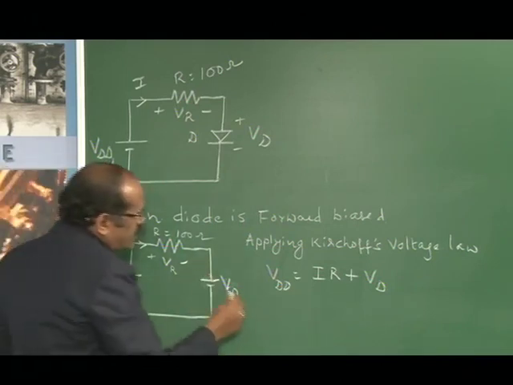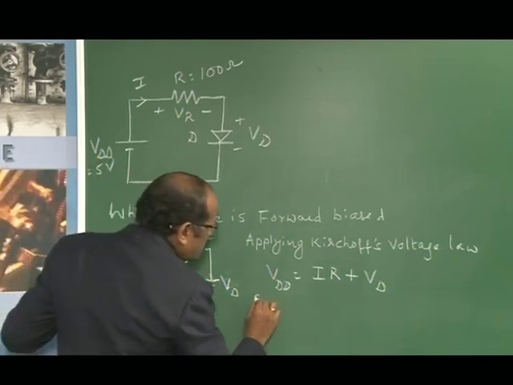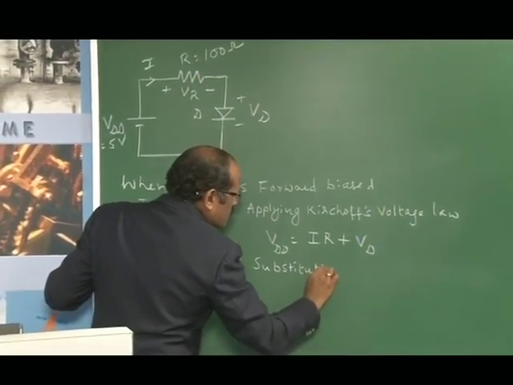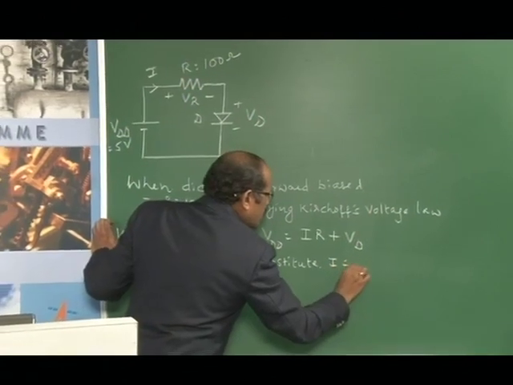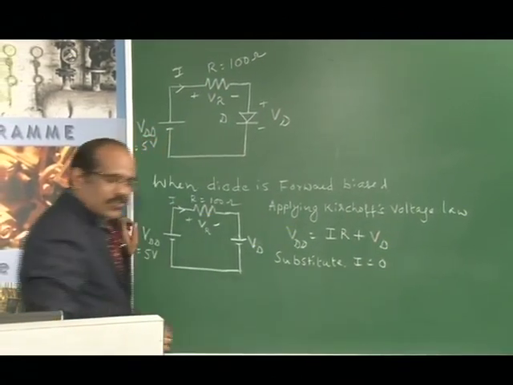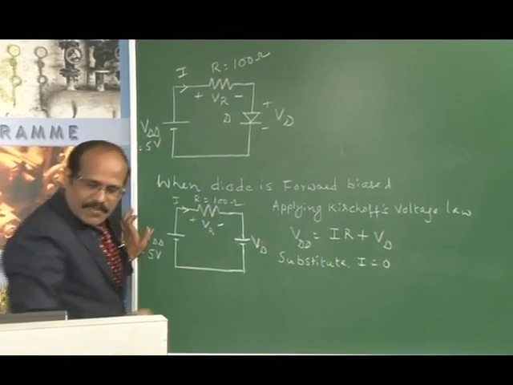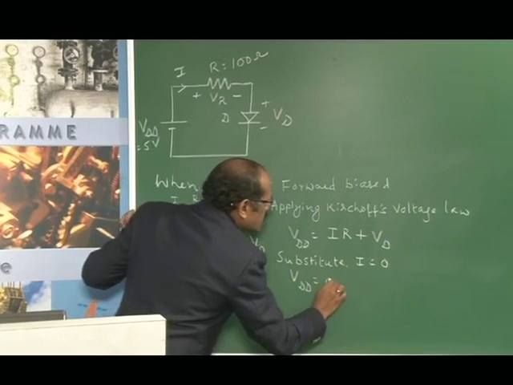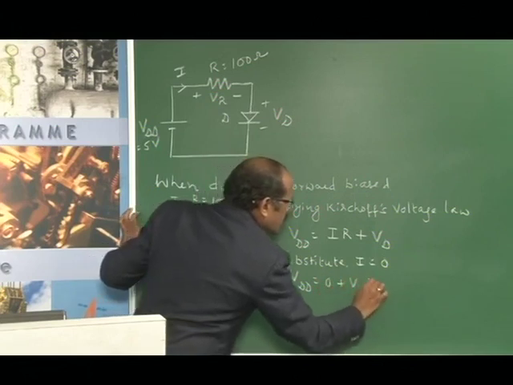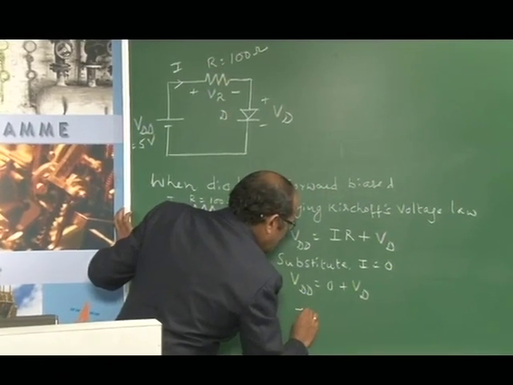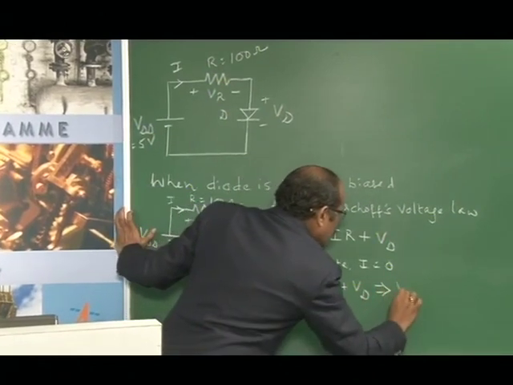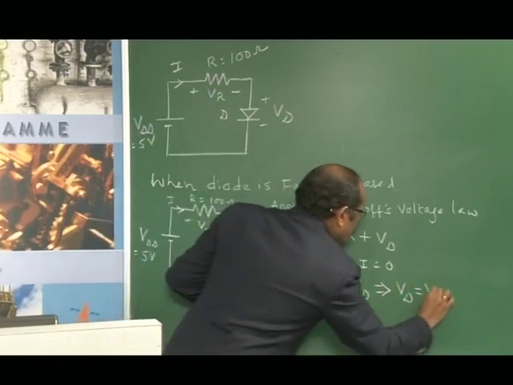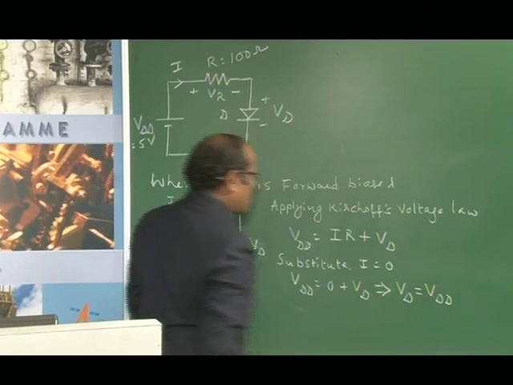First, to get a straight line, what we do is substitute I equal to 0. When you substitute I equal to 0, what do we get? We get VDD equal to 0 plus VD, and therefore VD, the voltage drop across the diode, will be equal to VDD.